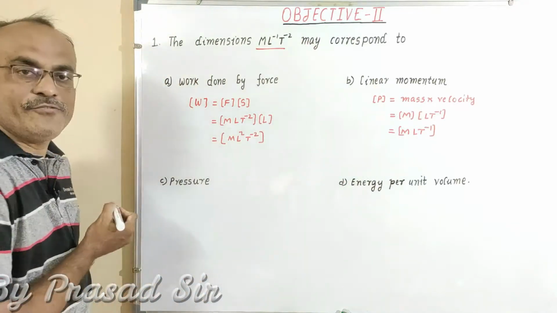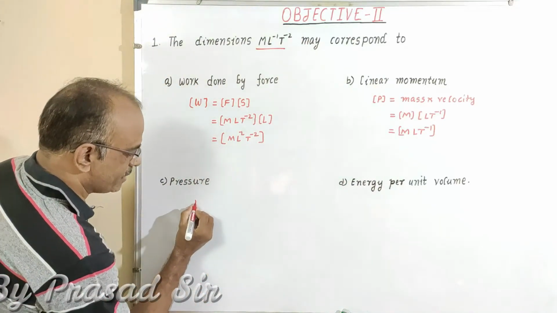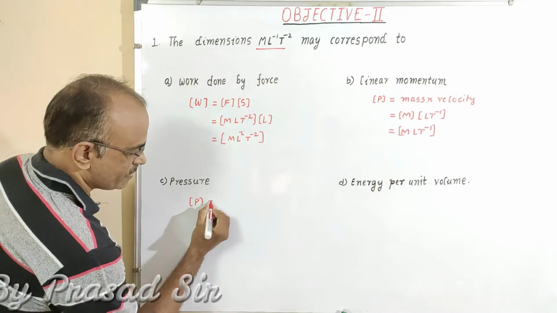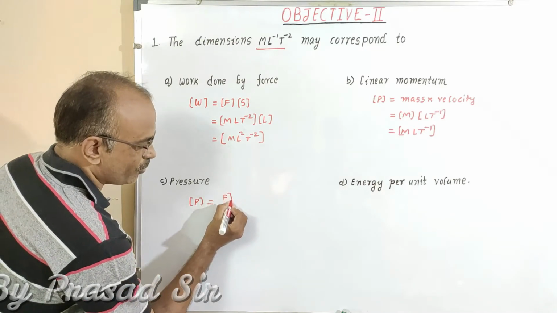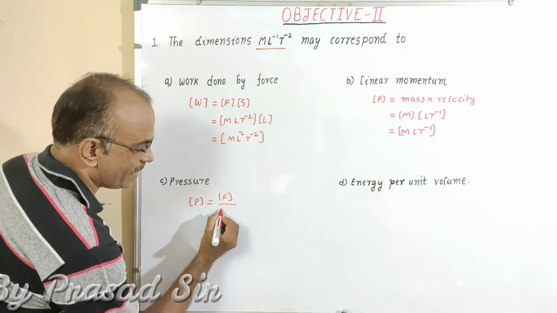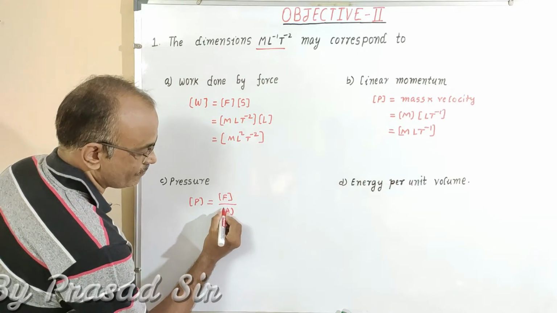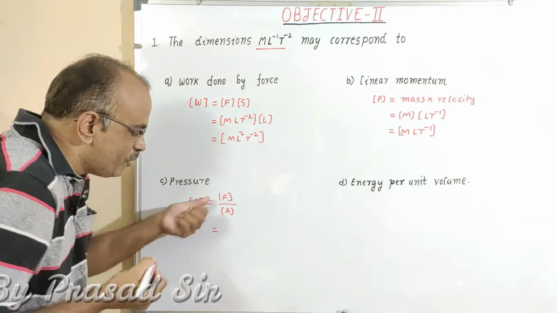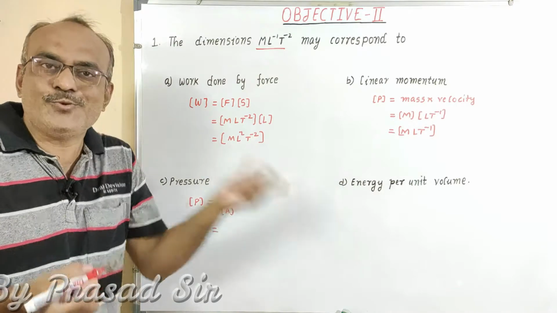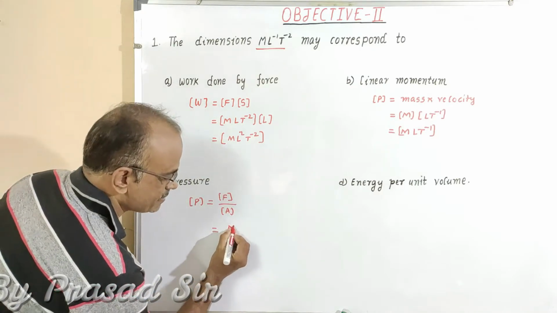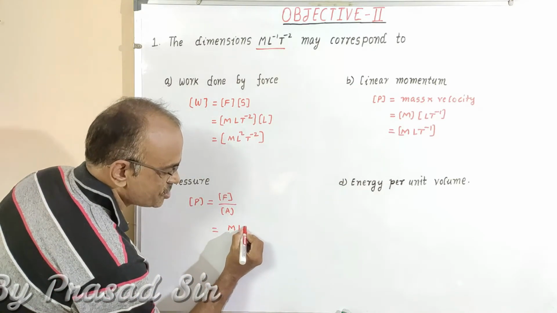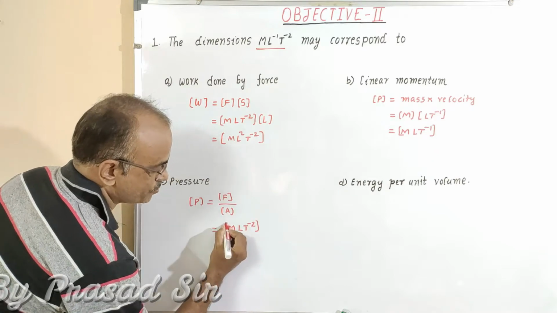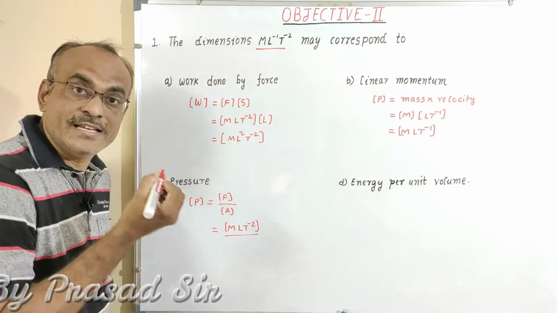Now going for pressure, we know that pressure is equal to force by unit area. What is the dimensional formula for force? Mass into acceleration, that is M, acceleration L T to the power of -2, divided by area.